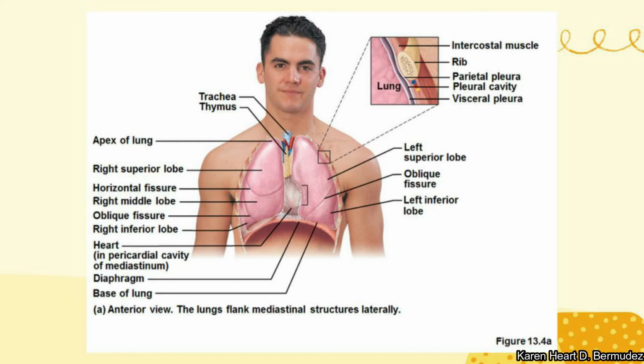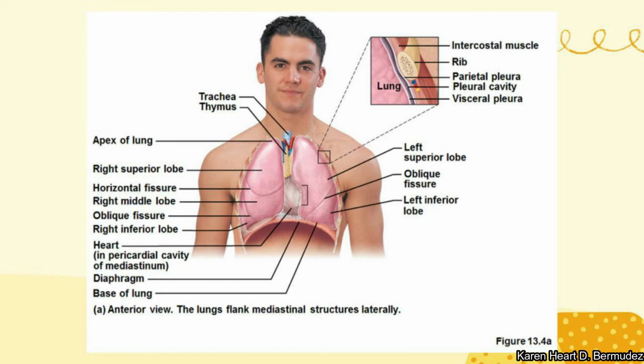The right upper lobe of the lung is located in the right superior corner of the thoracic cavity, lateral to the trachea and esophagus. The horizontal fissure, also called the minor fissure, is a unilateral structure in the right lung that separates the right middle lobe from the right upper lobe. The right middle lobe, or simply the middle lobe, is one of the three lobes in the right lung.